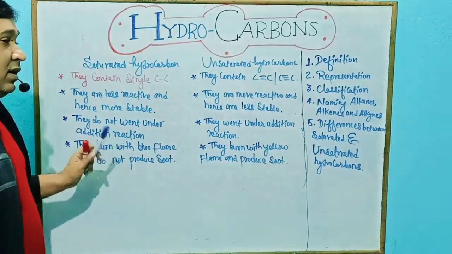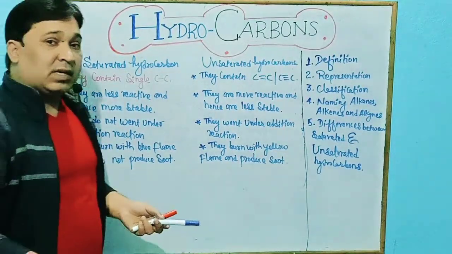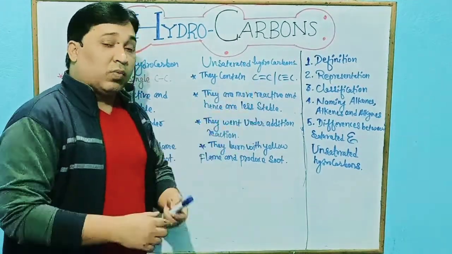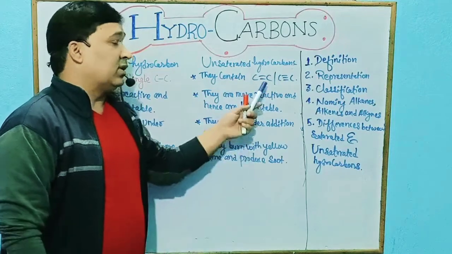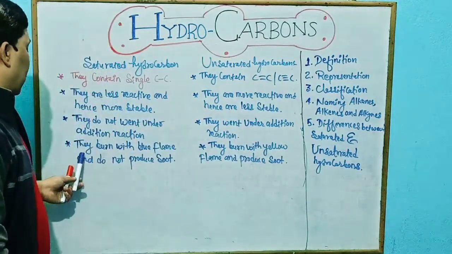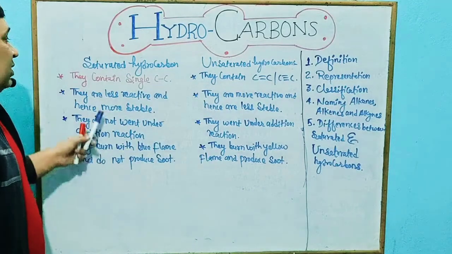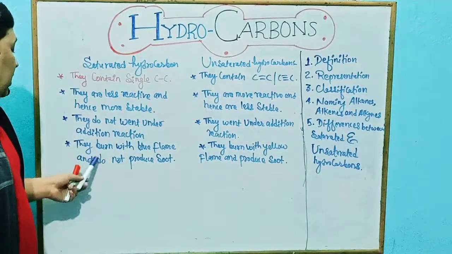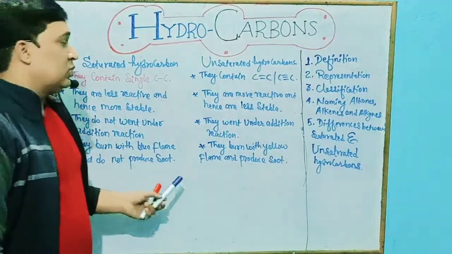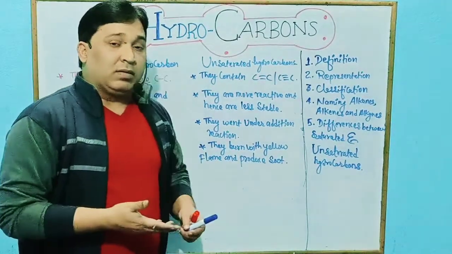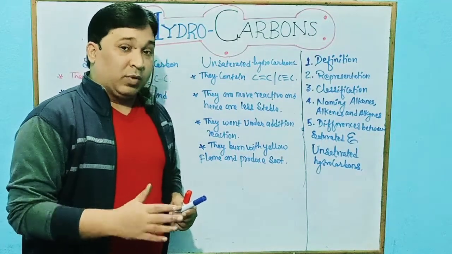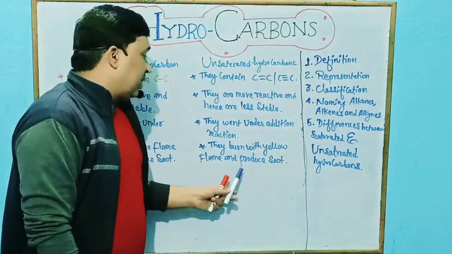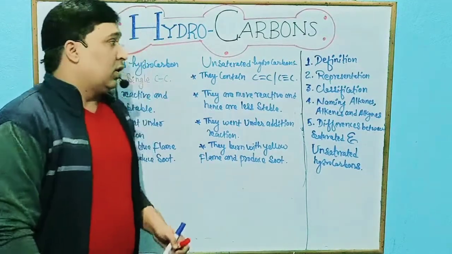Saturated hydrocarbons do not undergo addition reaction because of single covalently bonded carbon atoms, whereas unsaturated hydrocarbons undergo addition reaction due to double and triple bonds. Saturated hydrocarbons burn with a blue flame and do not produce soot, which is why we use butane in LPG. They do not blacken the bottom of the utensils we use for cooking. Unsaturated hydrocarbons burn with a yellow flame and produce soot, right?